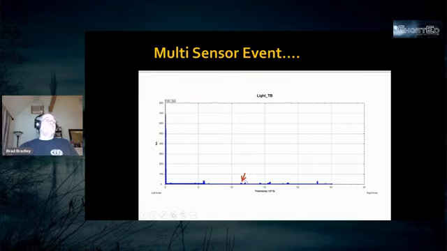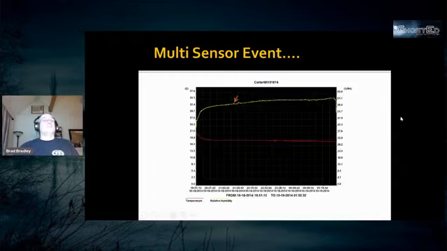At the same time, we got a light spike, a light blip, about maybe 10 to 20 lux. This is where we went running into the building with our flashlights right here. But at the same time we got the vibration, we actually got a light spike. Then we also got a blip in relative humidity at the same time. But notice the temperature didn't change there. But we got a relative humidity spike.